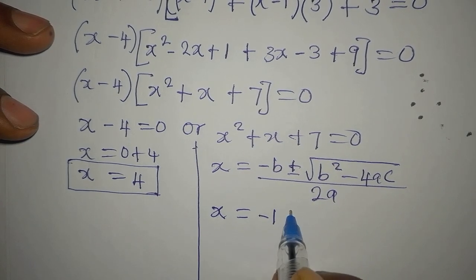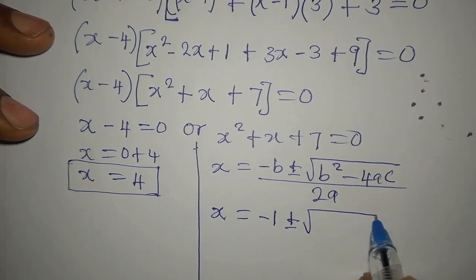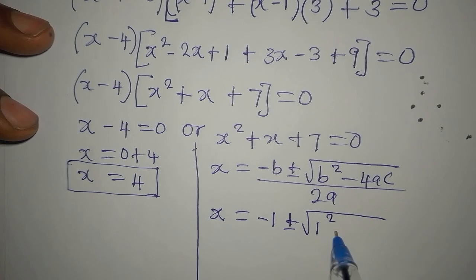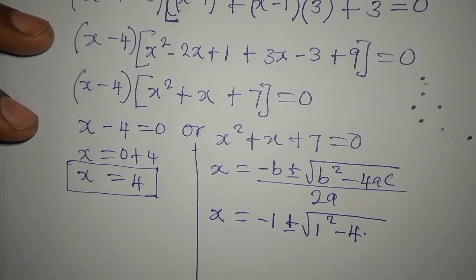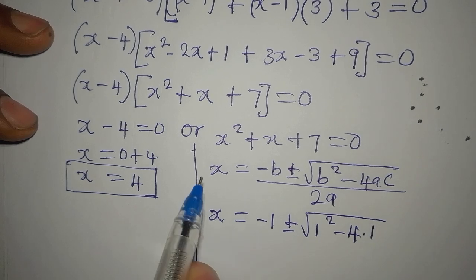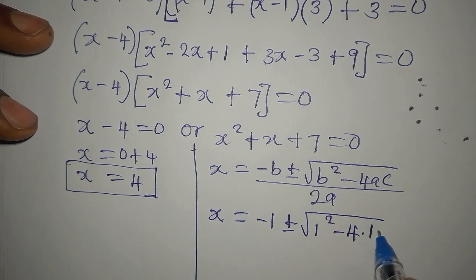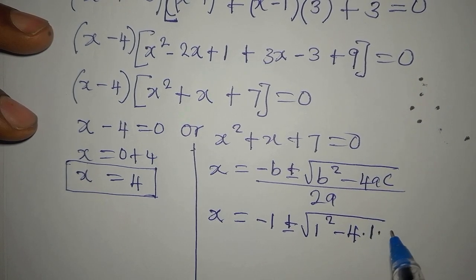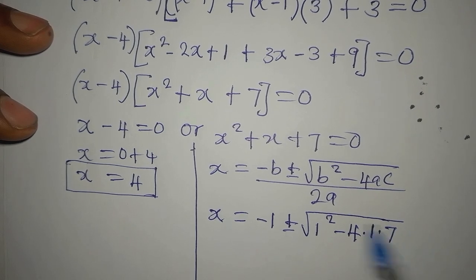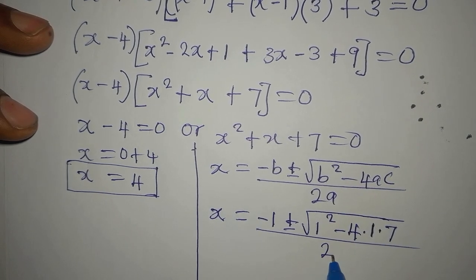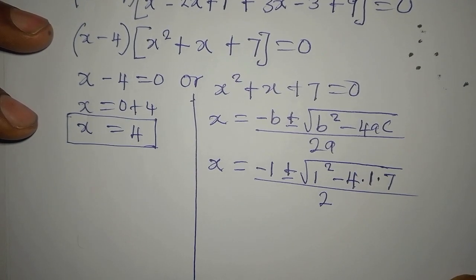So we have −1 ± √(1^2 − 4 × a × c), where a is 1, the coefficient of x squared, and c is 7, the constant. So this is over 2 times 1, which is still 2.